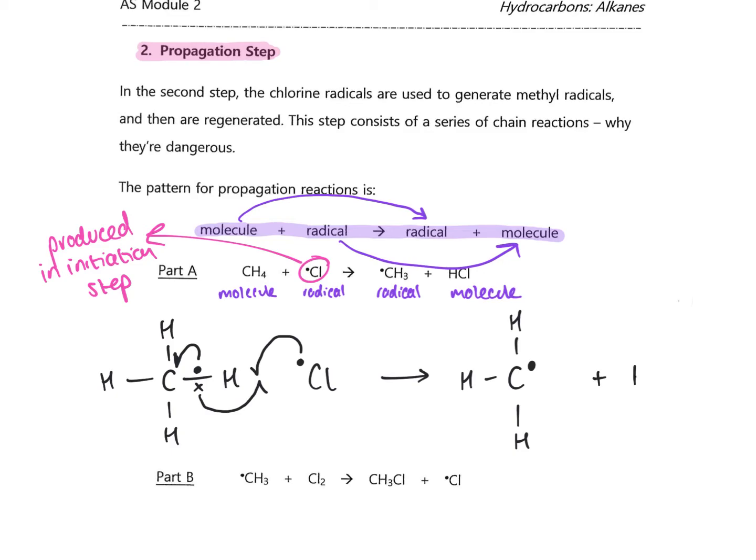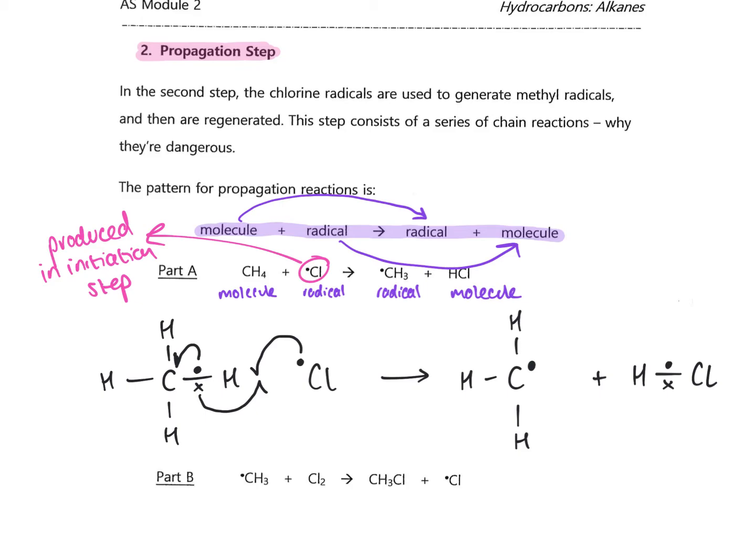And what else do we get? Well, we get hydrogen that is now bonded to chlorine using the original electron from the chlorine radical and the other electron from the carbon-hydrogen bond. So remember, for a covalent bond, we must have a pair of electrons. So here we're essentially breaking a covalent bond.